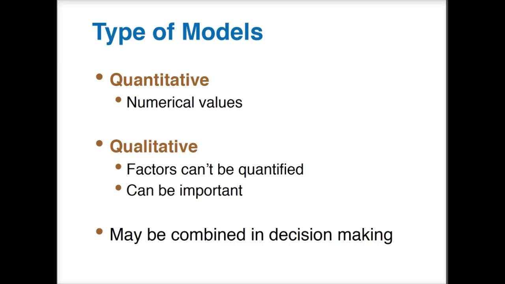Let's say we're trying to model a situation about introducing a product to a particular market, okay? Well, there may be some factors about that market that can't necessarily be quantified. And so if the person or organization that's over this decision knows some subjective things about the market that can't be quantified into numbers, that is something that maybe you want to include in your analysis of trying to figure out if you're going to launch this new product in this market, and if you do, how you actually launch it.